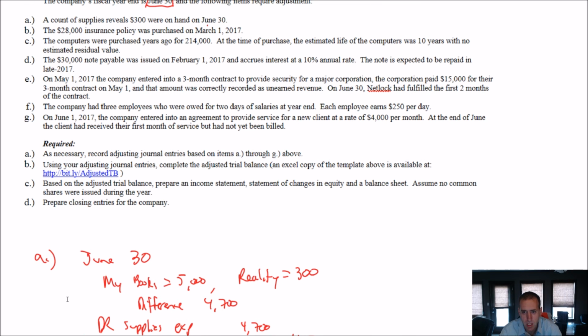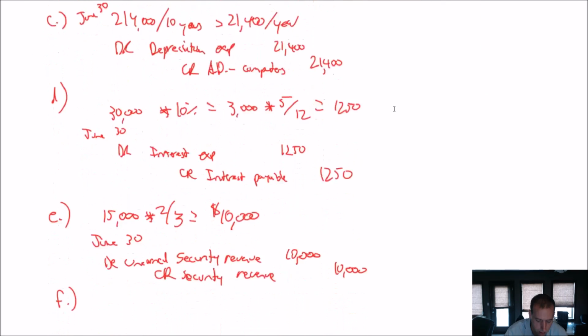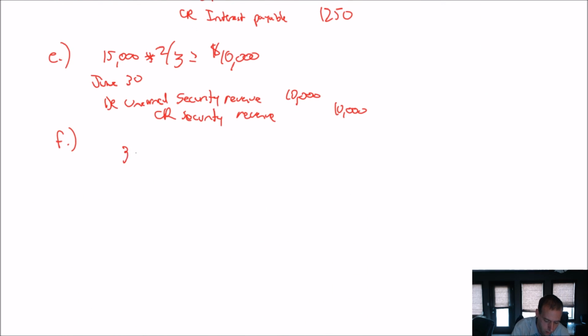Moving on to F. The company had 3 employees who were owed 2 days of salary. Each employee earns $250 a day. So I've got 3 employees owed 2 days of salary. Everybody gets $250 a day. So I've got 3 people who earn $250 a day, meaning I pay $750 a day in salaries, and I owe them for 2 days.